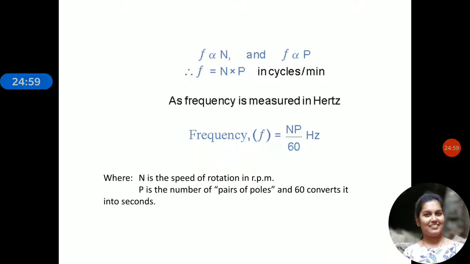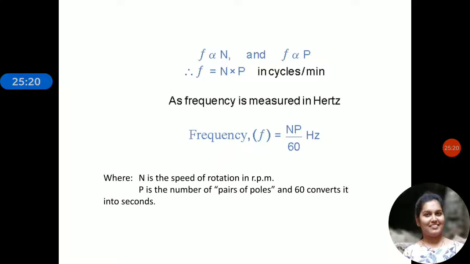So from these two facts we can say that the frequency output of an AC generator is such that F is proportional to N and F is proportional to P. Therefore I can write it as F is equal to N into P, and units are cycles per minute.